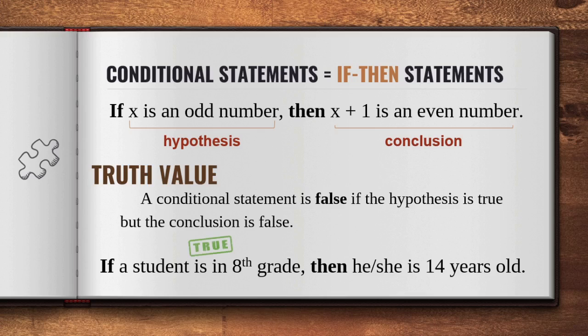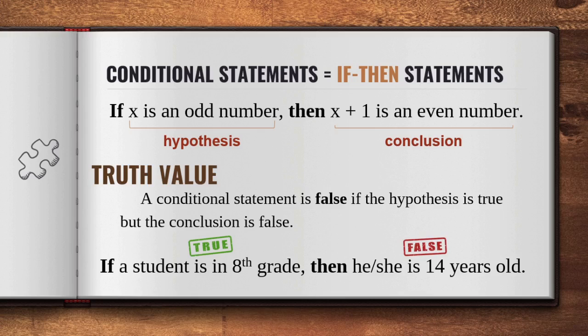That part is true. So it's just like stating a fact. So what if we have a student who is an 8th grader? Then he or she is 14 years old. That is our conclusion. That conclusion is false.